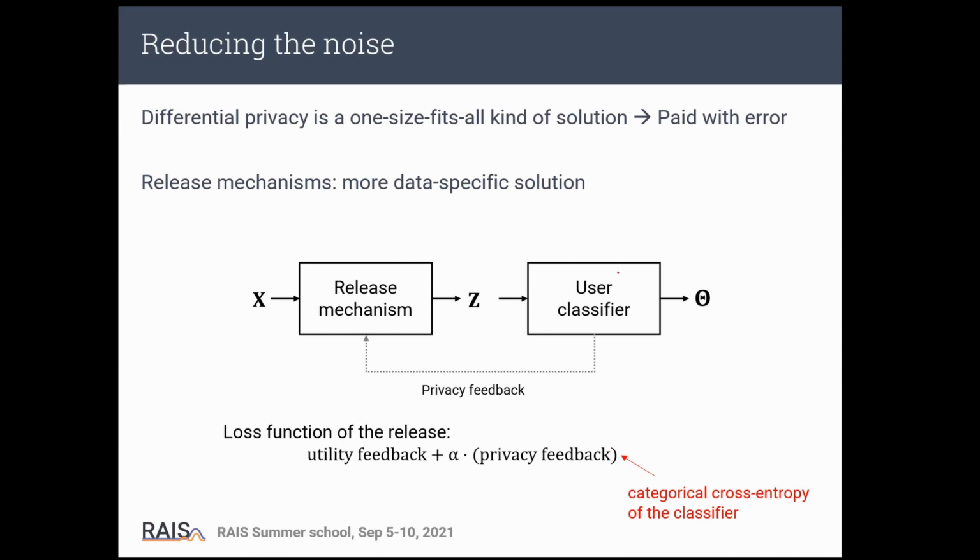These release mechanisms often rely on adversarial neural networks in order to provide a privacy-preserving release of your data. And they use a complicated loss function with some utility feedback.